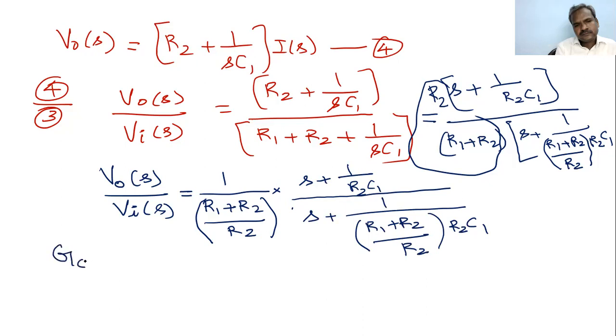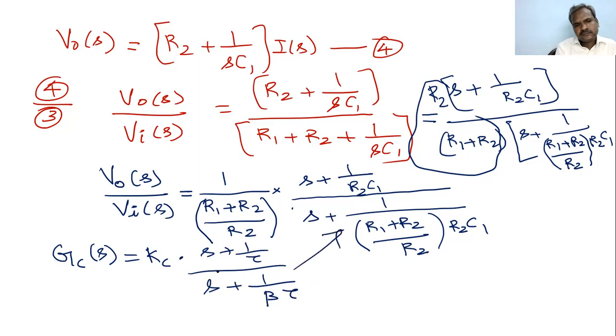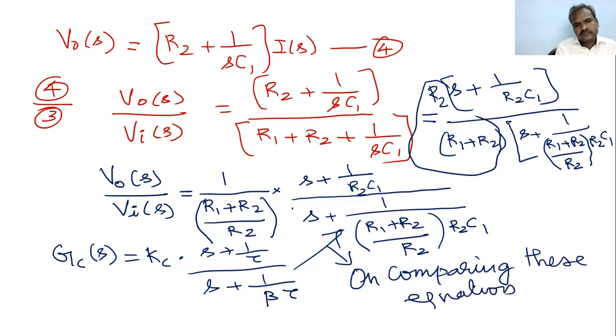That is, I compare this equation with the standard equation Kc into S plus 1 by tau divided by S plus 1 by beta times tau. On comparing, what do I get?